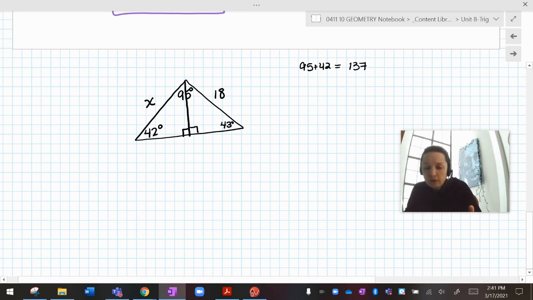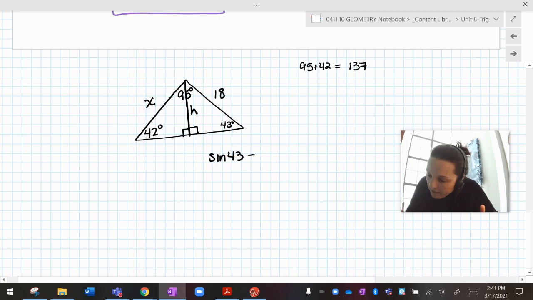I still can't find x yet, but I can find h. I can say the sine of 43 equals h over 18, because the sine of 43 would be opposite divided by hypotenuse.